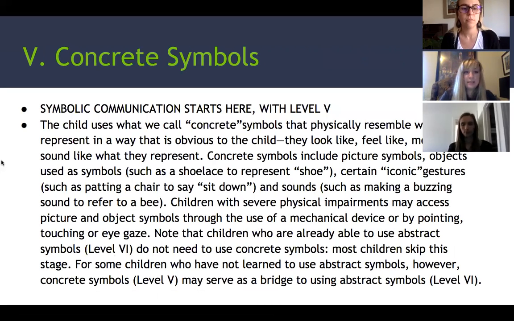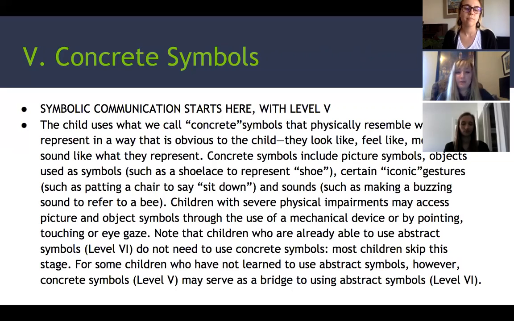And so the next level is concrete symbols. This is where symbolic communication begins. They start with the concrete symbols that actually physically represent an object. That could be a miniature version of an object. For example, if the child wants toilet paper, they might have a miniature piece that represents toilet paper, or they might have a part of the object, like the toilet paper roll.